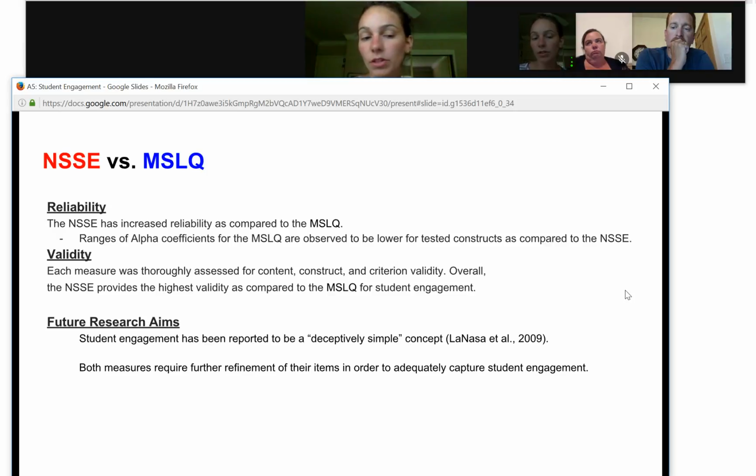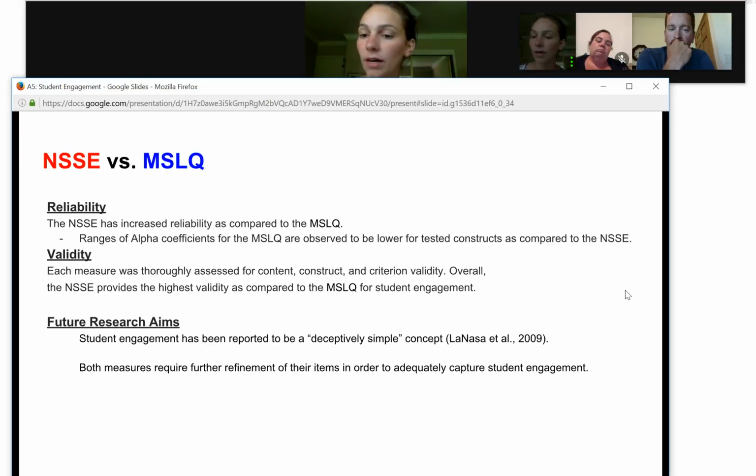Validity, on the other hand, was established through the evaluation of the content, construct, and criterion validity for each test. But overall, again, it was shown that the NSSE provided higher validity as compared to the MSLQ for student engagement.